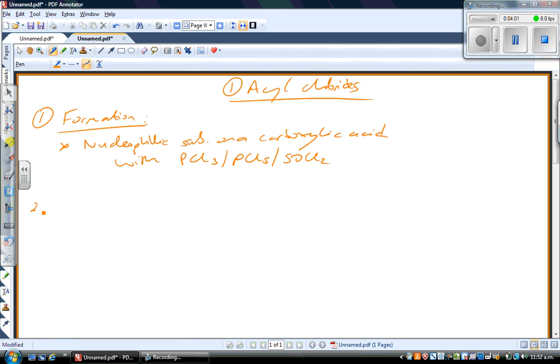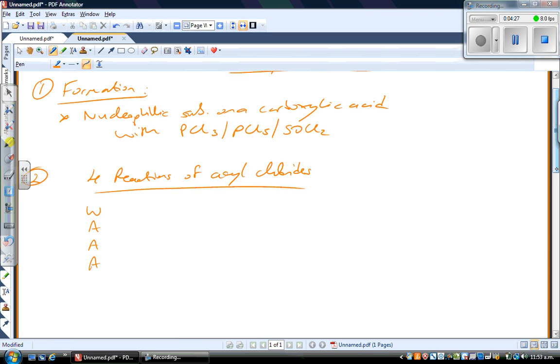The next thing is to look at the four reactions of acyl chlorides. I like to teach it this way, so that if you have memorized that there are four possible reactions of acyl chlorides, then you can start to identify them in an exam question. The acronym I've used here is WAAA, like a baby crying.